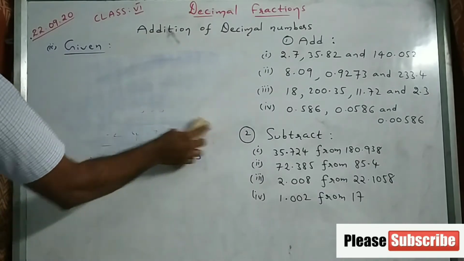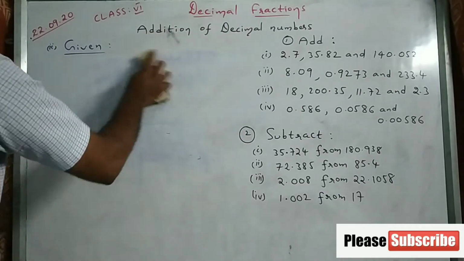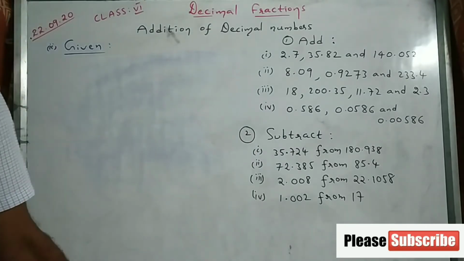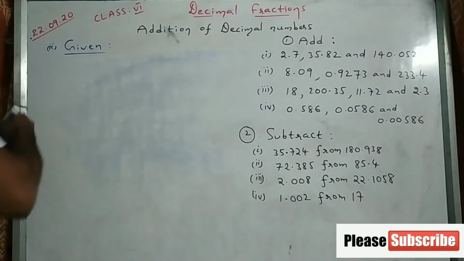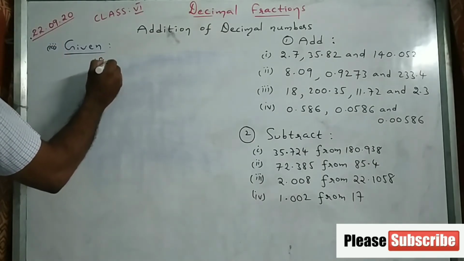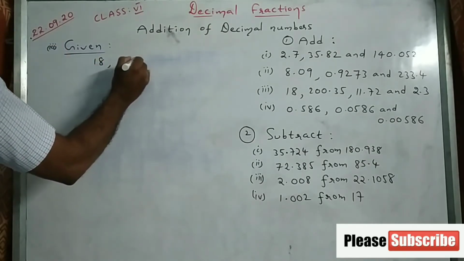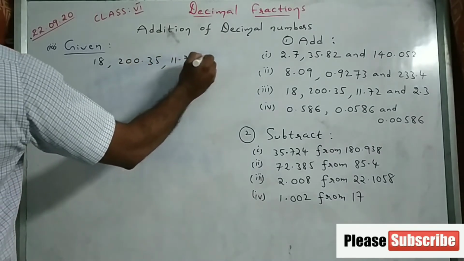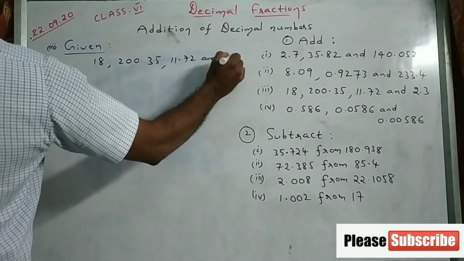Third question: 18, 200.35, 11.72 and 2.3.